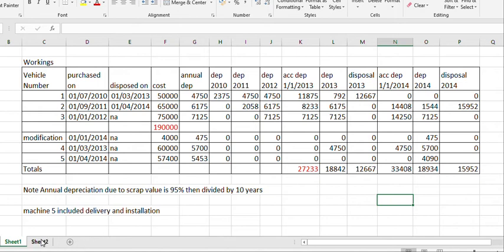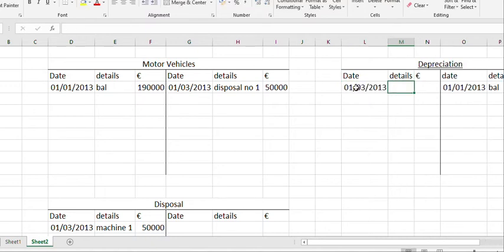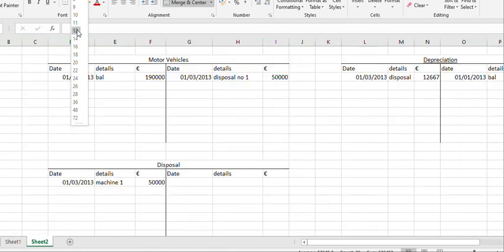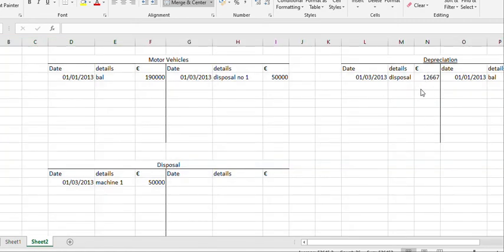So on the debit side of depreciation, we have the 1st of the 3rd 13 disposal, and it is 12,667. Now I'm just going to make this slightly smaller so it fits into the page.